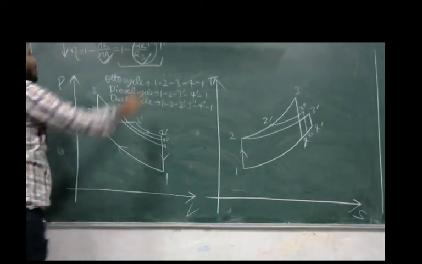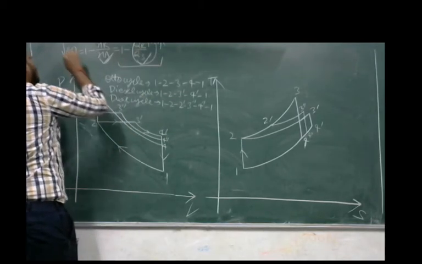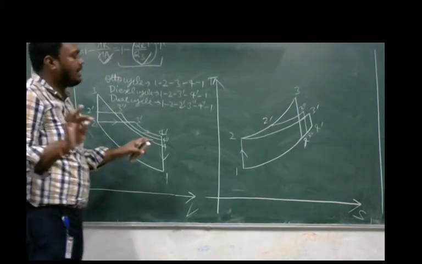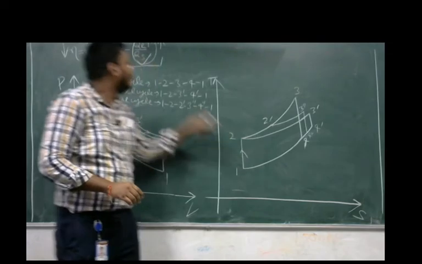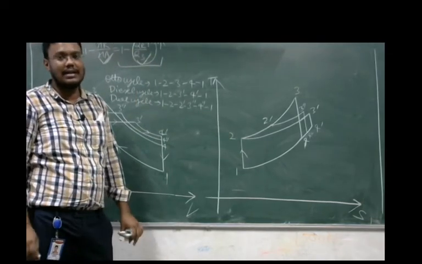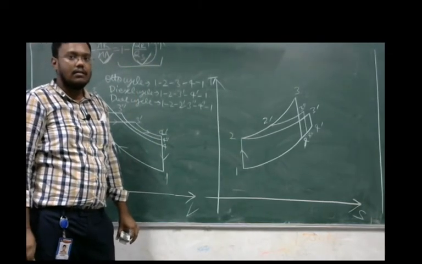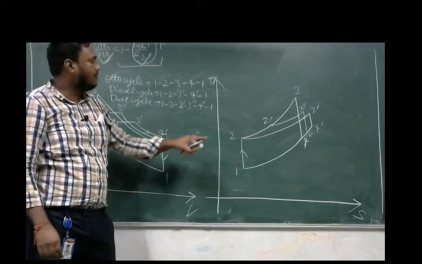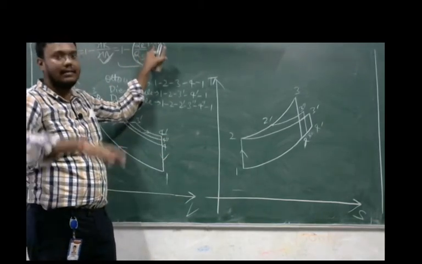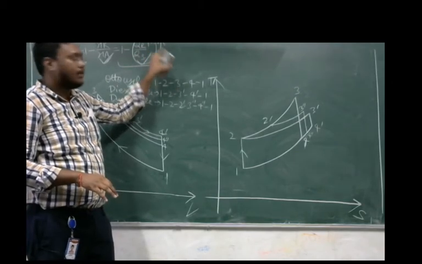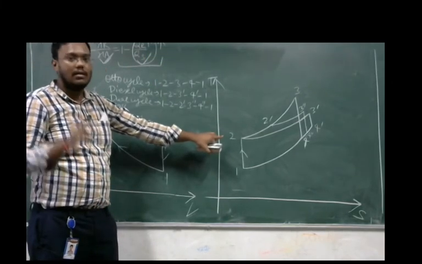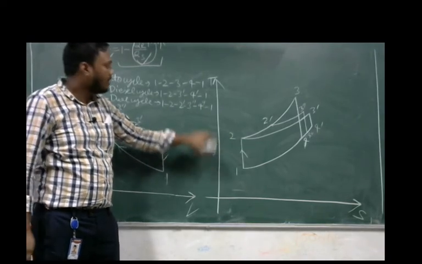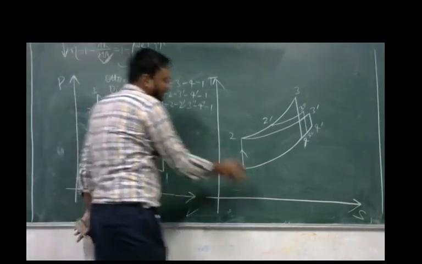So we just need to find out for which cycle QR is more and for which cycle QR is less. For the cycle for which QR is more, efficiency will be less, and for the cycle for which QR is less, efficiency will be more. This we can see from the TS diagram.